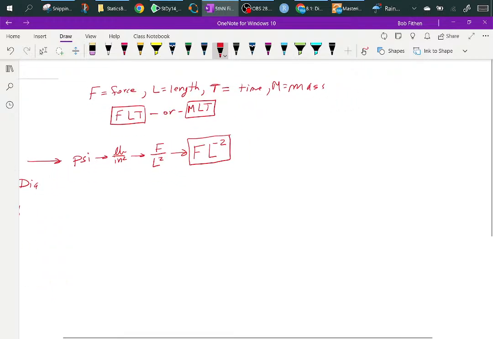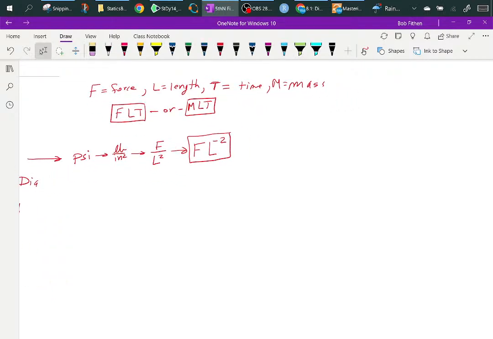But, and this relates back to chapter 1, F is equal to MA tells you that a force is equal to a mass times acceleration, which is so many feet per second squared.